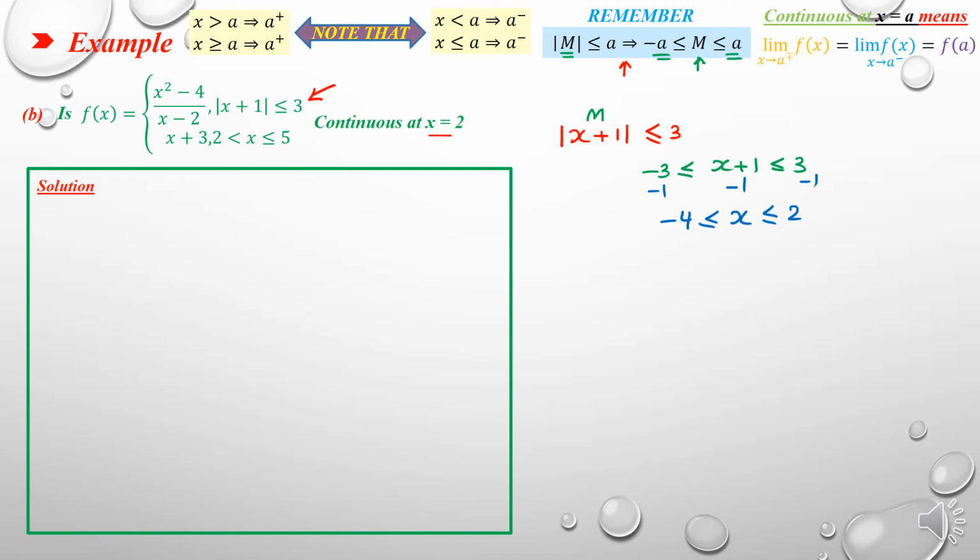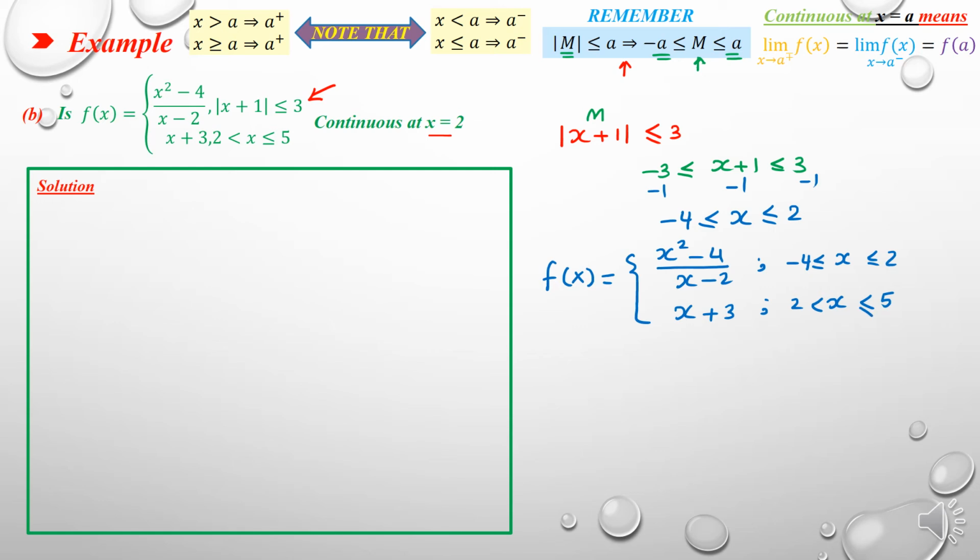So you can rewrite the function again as f of x equals x squared minus 4 divided by x minus 2 when x is greater than or equals to negative 4, less than or equals to 2, and in the second piece we have x plus 3 when x is greater than 2 and less than or equals to 5.